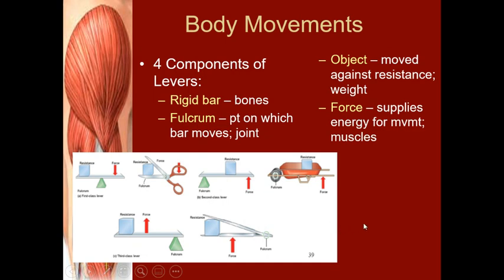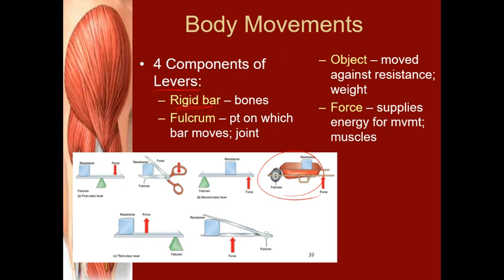All right, so when the muscles work with a bone, the bone is what we call a lever. So it's acting like a lever, like anything we would use as a tool to lift something, like a wheelbarrow or even your scissors. These are based off of a physics concept called levers.